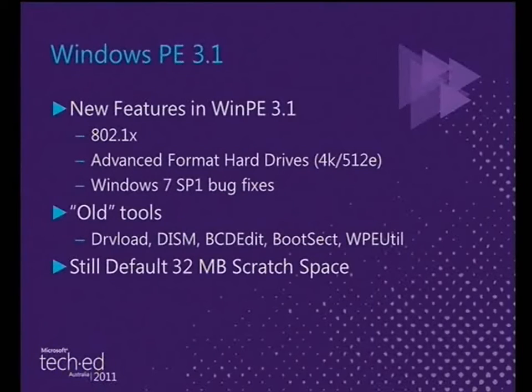Not many people are doing 802.1x, policy-based or secured networks. But quite a few of you will run into these new type of hard drives, advanced format hard drives. They need to be aligned correctly when we deploy Windows to them, and that was a fix they added in 3.1. That fix is available as a hotfix as well for 3.0.